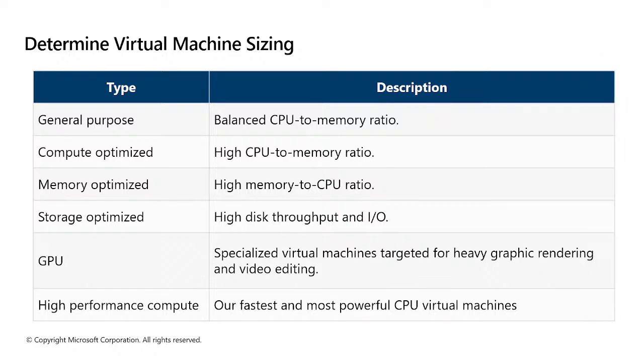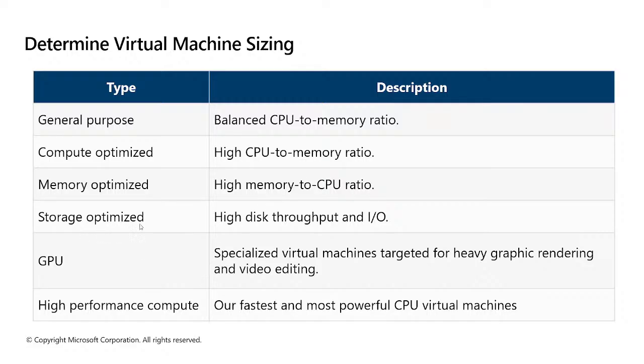So there are some things you want to consider. We have different types. We have the general purpose, which is a balanced CPU to memory ratio. You have the compute optimized, where you are looking at high CPU to memory. I really want this to be a little bit faster. Or you want the memory optimized.